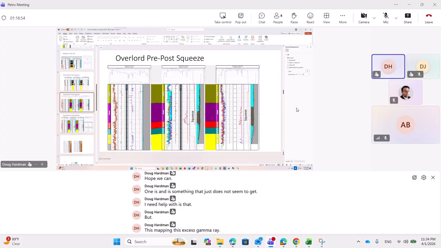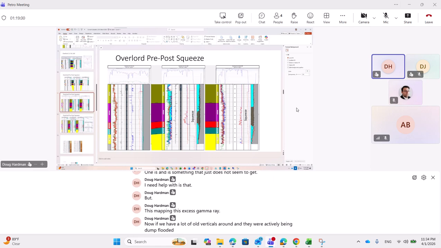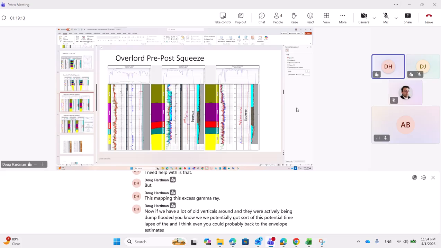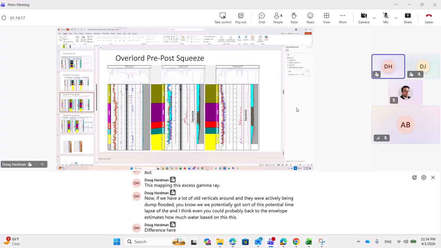If we have a lot of old verticals around and they were actively being dump flooded, we potentially have a sort of time lapse, and you could probably do a back of the envelope estimate of how much water based on this difference here.